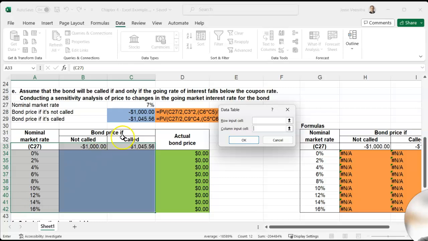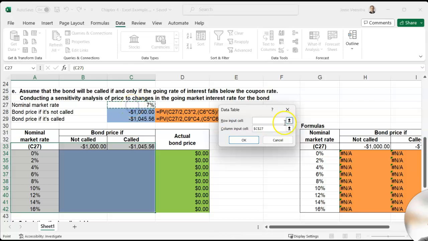Now, going back to our formula, C28 and C29 are bond price if called and bond price if not called. Where do we use interest rate in that formula? What cell is it linked to for interest rate? In this example, we found our interest rate in C27.